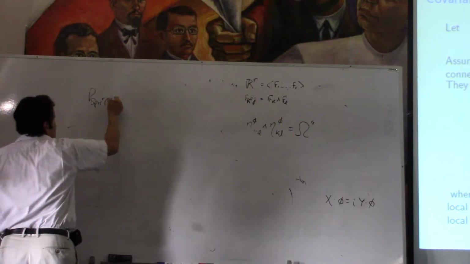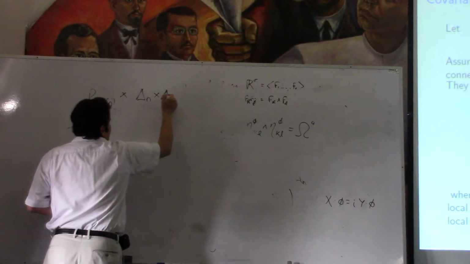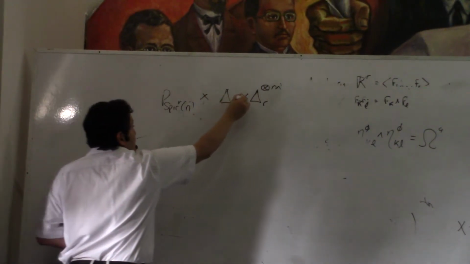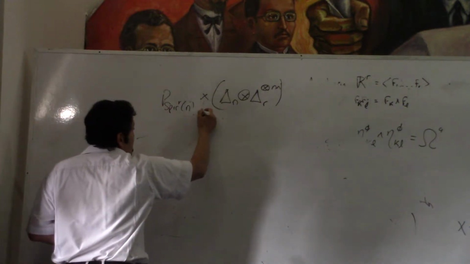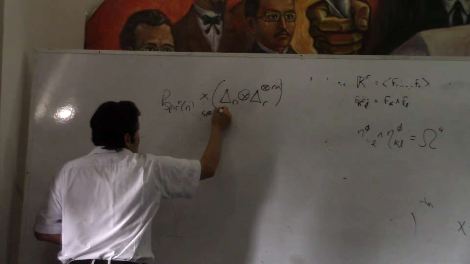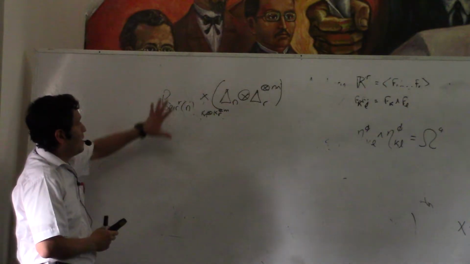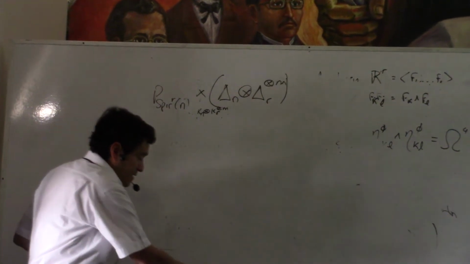with this structure group, you can take the direct product with these and make a quotient by the corresponding representation. So I quotient out by the structure group, and I end up with a vector bundle.